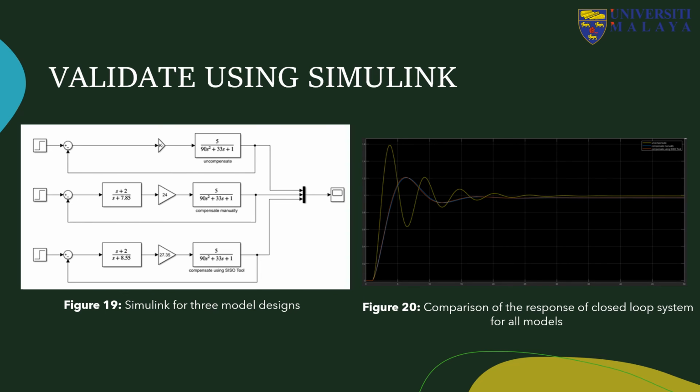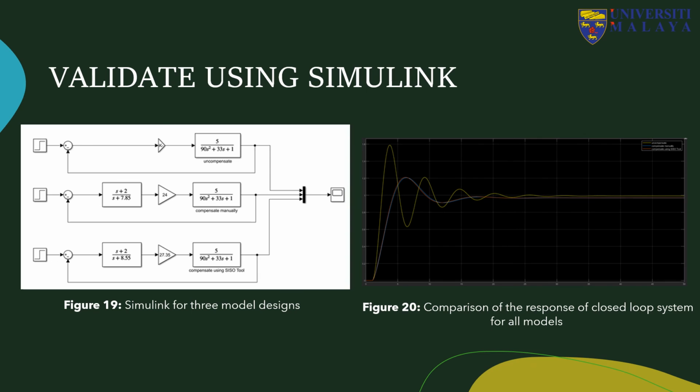After that, we will validate the calculation from the previous slide using MATLAB Simulink. Figure 19 shows the three model designs in Simulink in closed-loop systems. The first design at the top is the heat exchanger without compensator. The middle one is the heat exchanger using the manually calculated compensator equation, where K equals 24 with modified transfer function (s plus 2) over (s plus 7.85).